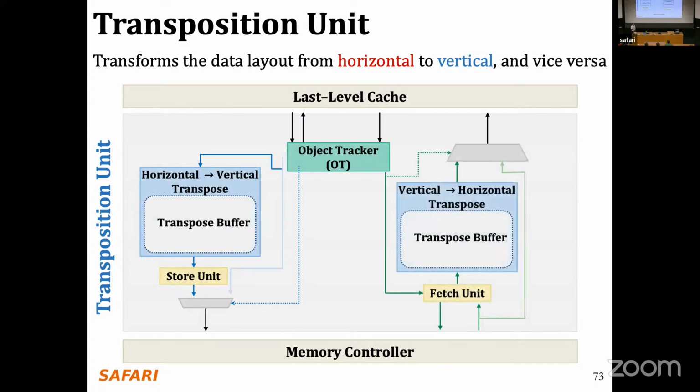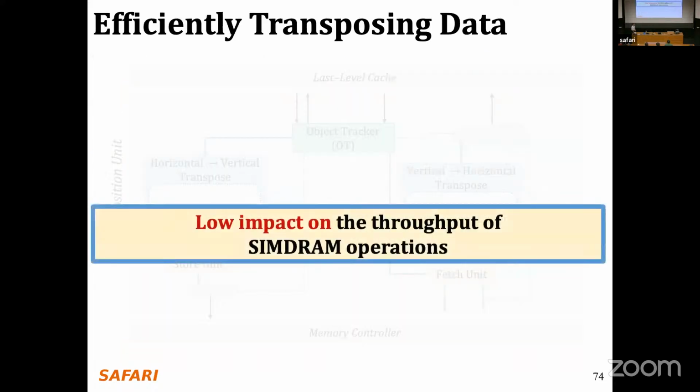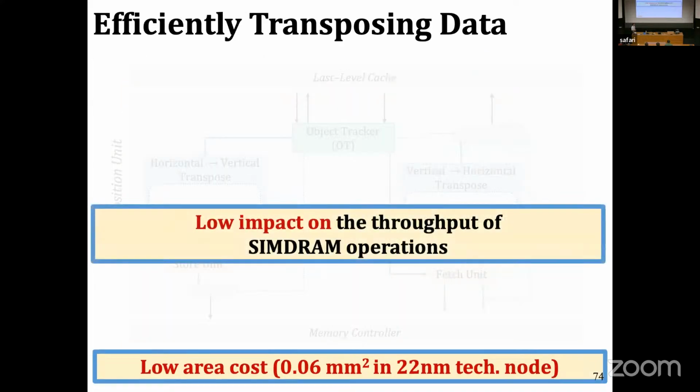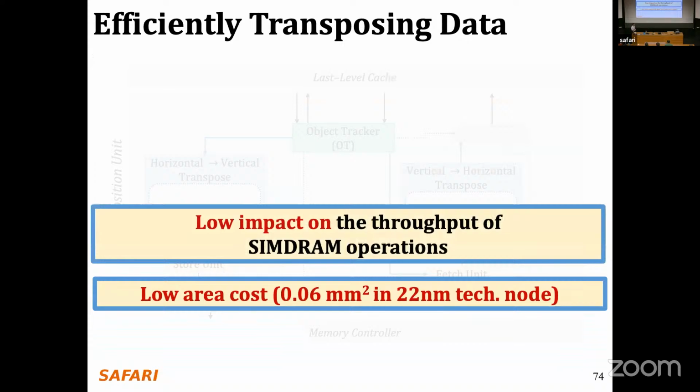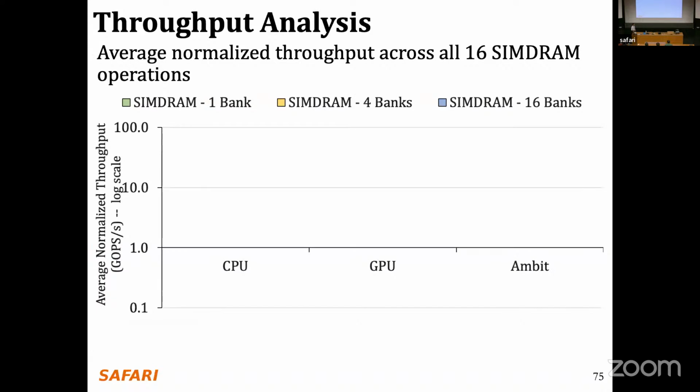And once the CPU requests that data back, because probably later on in your application you might use that computation, it transposes the data back from the vertical to the horizontal data layout. This transposition unit has only a small area cost in terms of the area of the processor itself.